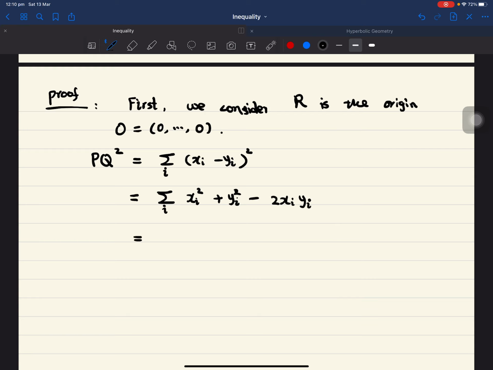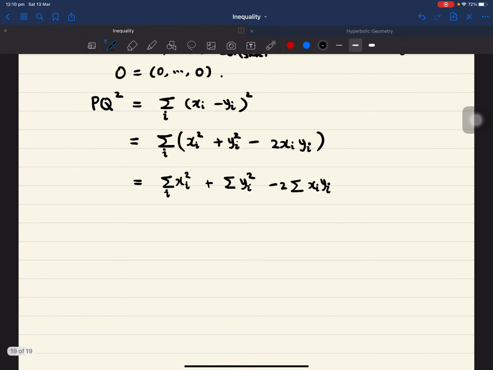That is equal to the sum of xi squared plus the sum of yi squared minus 2 times the sum of xiyi, putting the 2 outside, and that is less than or equal to the sum of xi squared plus the sum of yi squared plus 2 times the sum of the absolute value of xiyi.